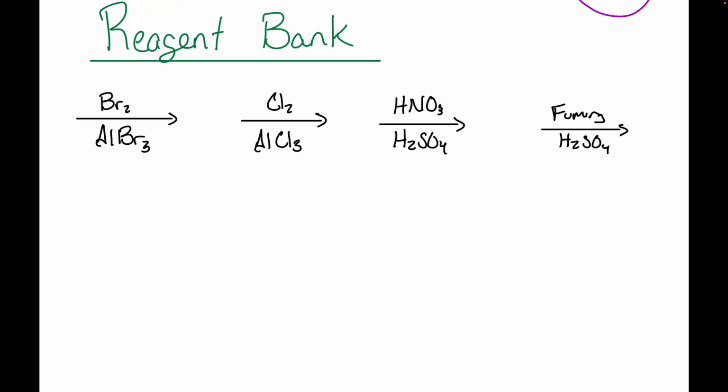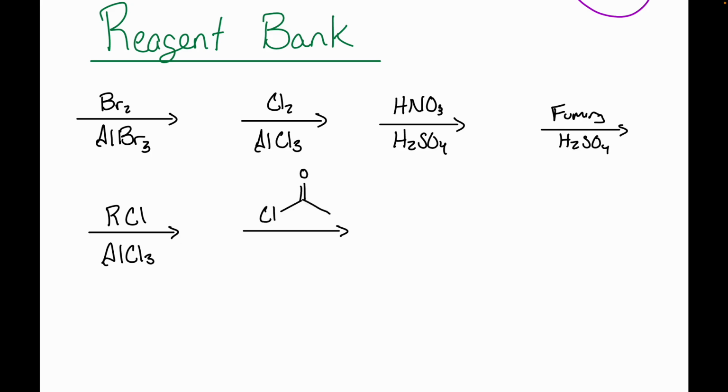We have two more electrophilic aromatic substitution reactions that we learned, which both had those fancy scientists' names, the Friedel-Crafts reactions. We had our Friedel-Crafts alkylation reactions and our Friedel-Crafts acylation reactions.